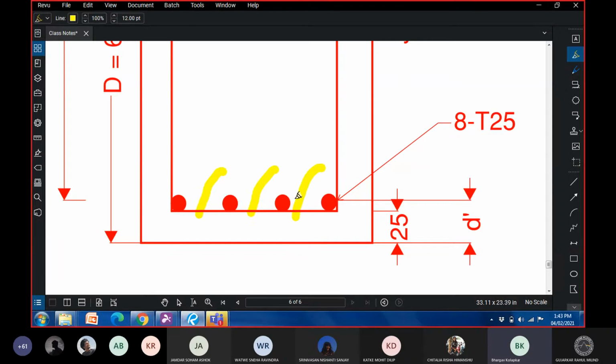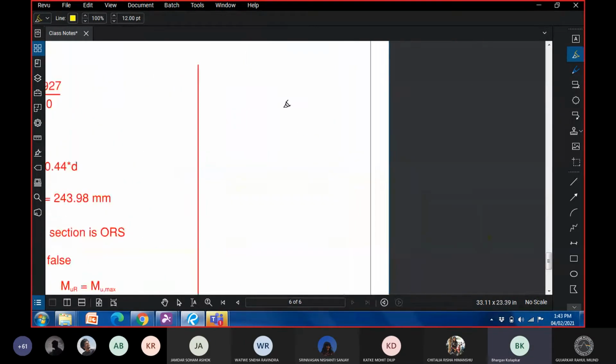After you satisfy this, keep the diameter of the bars as minimum as possible, because there's something called development length. Development length is related to the bond of concrete and steel. It is the length of the bar that is to be embedded in concrete so that there can be a unified action.